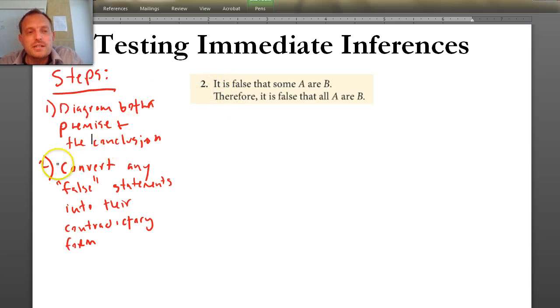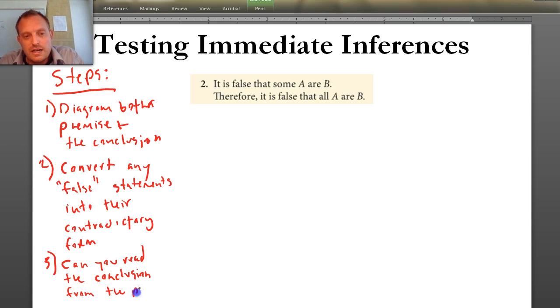So let's start with this. And then, well, I'll finish off the steps here. And then the third step is ask the question: can you read the conclusion from the premise? And there's going to be a fourth step here, and I'm going to write it down and we get that. So let's use this as our example to start with.